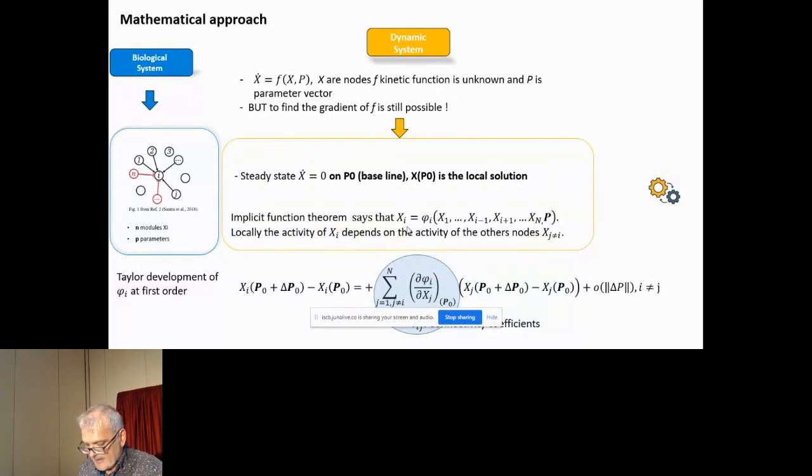The dynamic of the system is governed by an ordinary differential equation, x dot equals f(x, p). X are the nodes of the network, f is the kinetic function, and p is a vector parameter. In the case of MRA, we can determine the gradient of the function f.